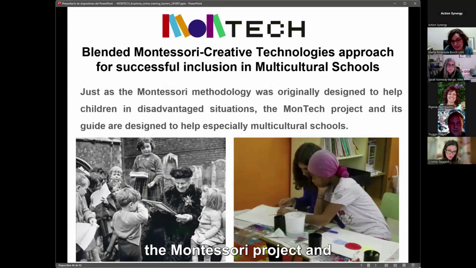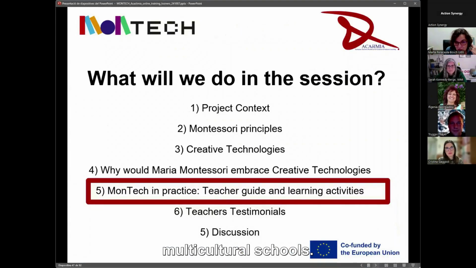The Montec project and its guide are also designed to help, especially in multicultural schools, or in schools in neighborhoods in disadvantaged communities. This doesn't mean it cannot work for other schools, but because of language barriers and things like this, and because they are very hands-on and engaging activities, we think they are also very appropriate for multicultural schools.